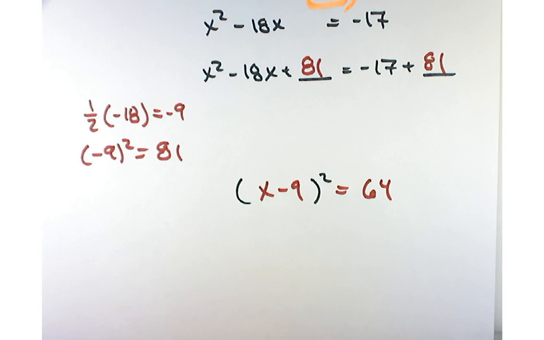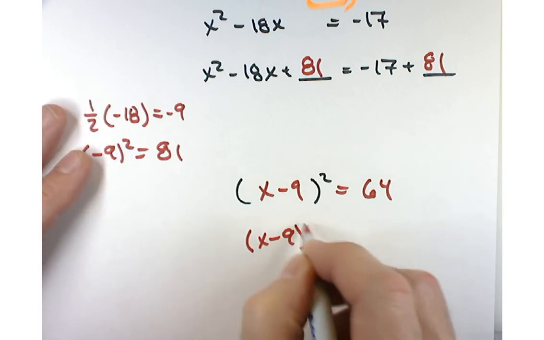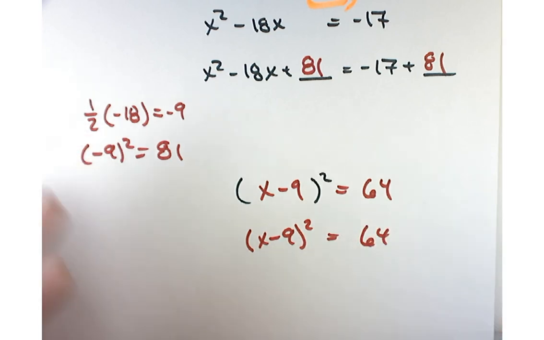That's looking a little bit better. What can I do here now that I got that out of the way? Take the square root on both sides. So 64, let's take the square root on both sides.